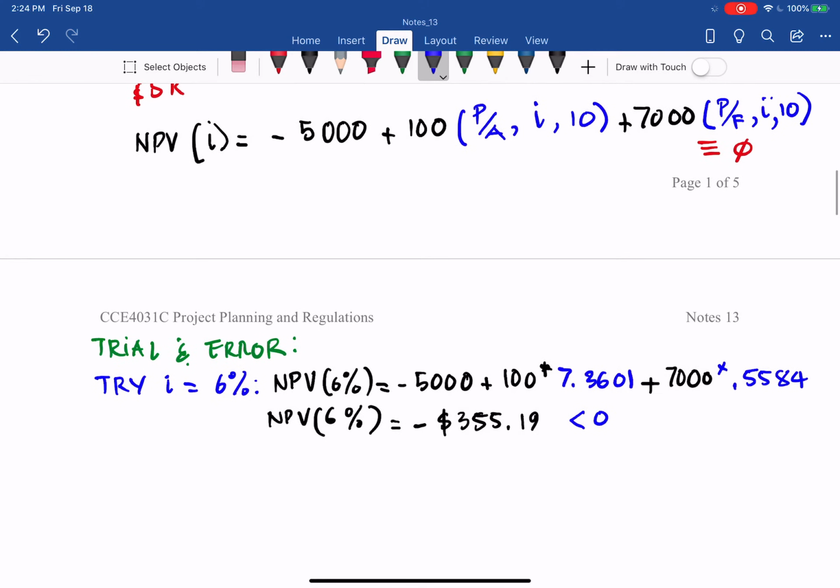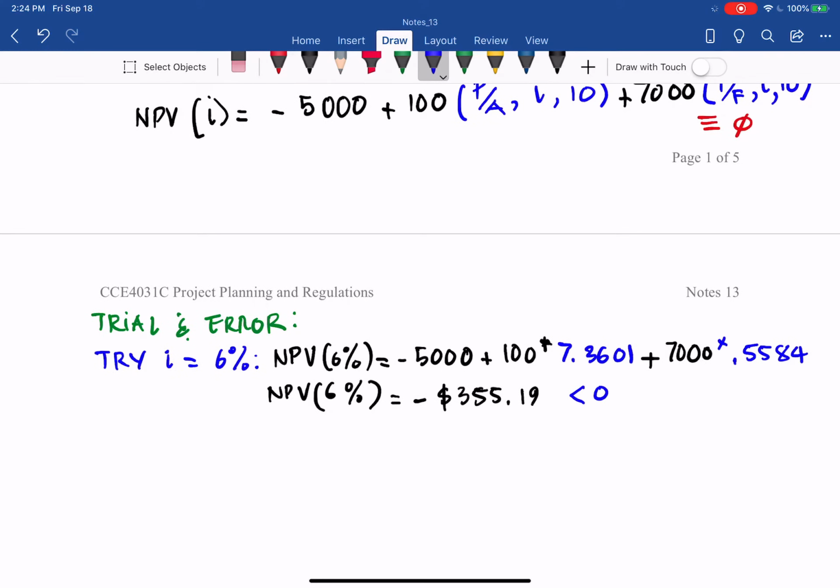So in this case, if you increase the I%, then we get a more negative number. So if it's a negative number when you first try 6%, then you need to go to the next try, it should be lower. So here, I try I equal to 4%. Lower, so hopefully we get a positive.